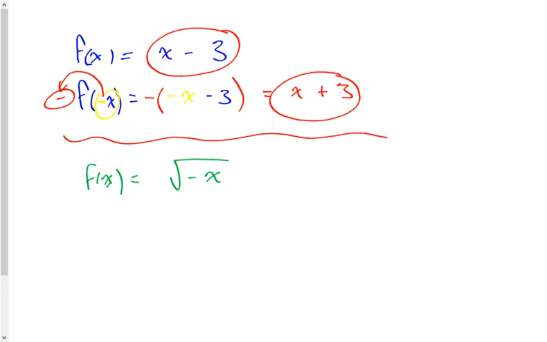But if I put a negative sign inside with the x, that's going to change this sign here, which again is going to be a reflection. So the original function would have looked kind of like that. But with the negative in here, it's going to reflect it, and it's going to open up in this direction. So the functions look different.